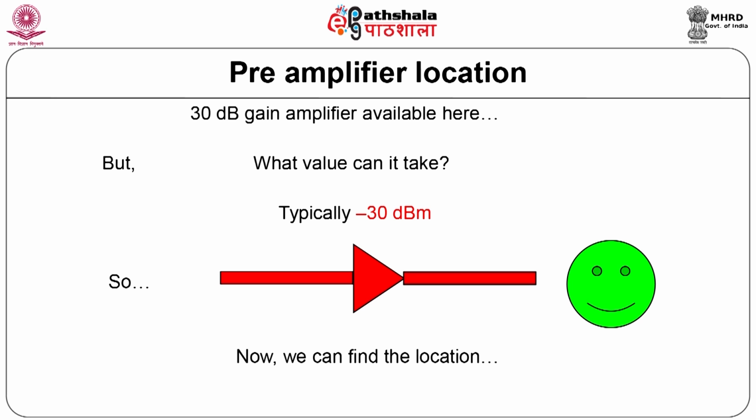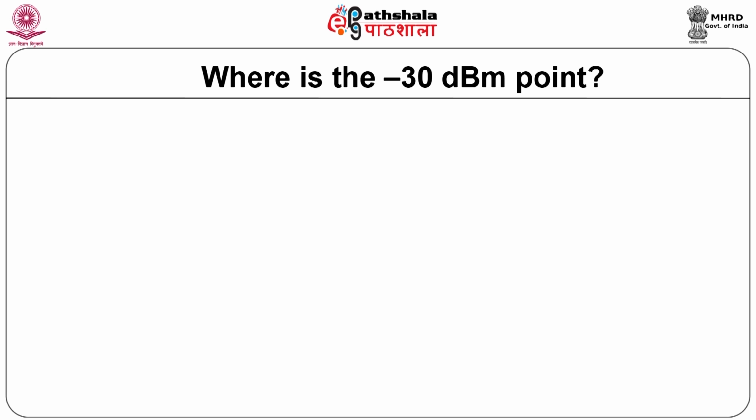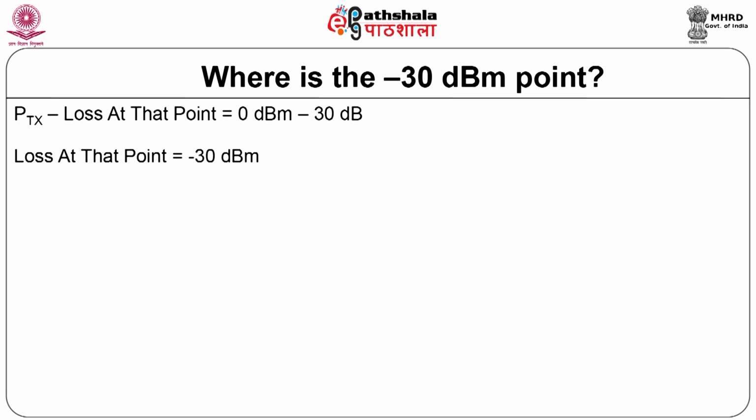Now, we can find the location. Where is the minus 30 dBm point? PTX minus loss at that point is equal to 0 dBm minus 30 dB. So, loss at that point is equal to 30 dB.